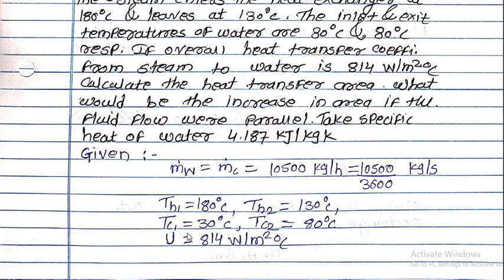Then cold fluid inlet temperature is 30 degrees Celsius and cold fluid outlet temperature is 80 degrees Celsius. Then the overall heat transfer coefficient from steam to water is 814 watt per meter square degree Celsius, it is provided. So U is equal to 814 watt per meter square degree Celsius. We need to take it as it is.